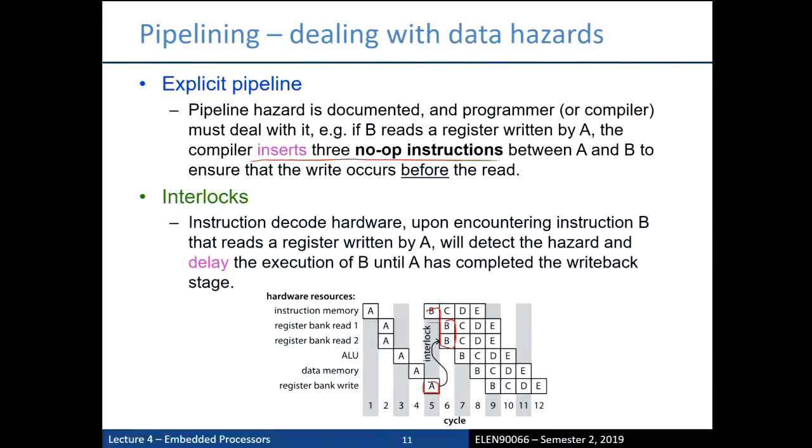Okay, so interlocks are a way of dealing with these pipeline data hazards. But once again, there's a problem. Dealing with it this way gives difficulty in the timing. Okay? So when hardware is inserting these pipeline bubbles, that makes repeatability and stuff a little bit awkward, right?